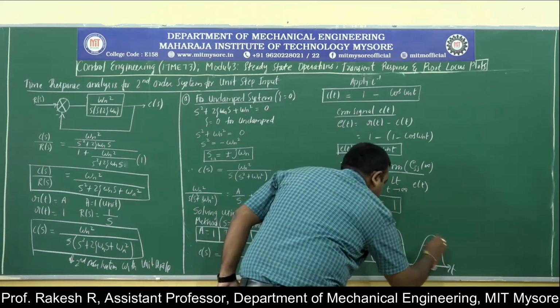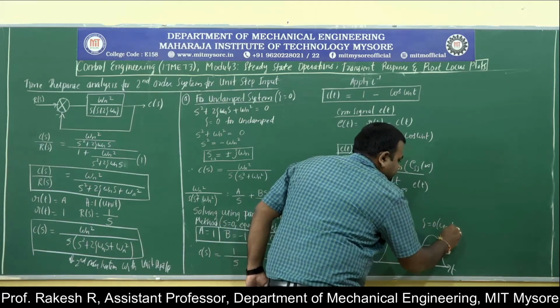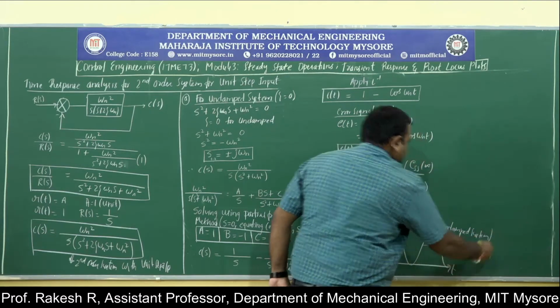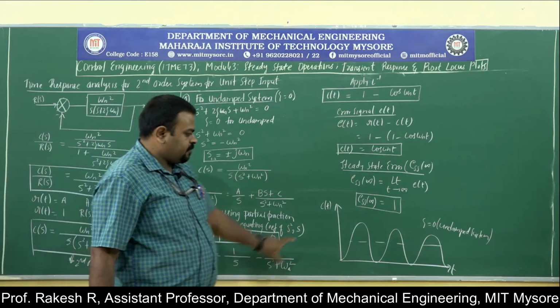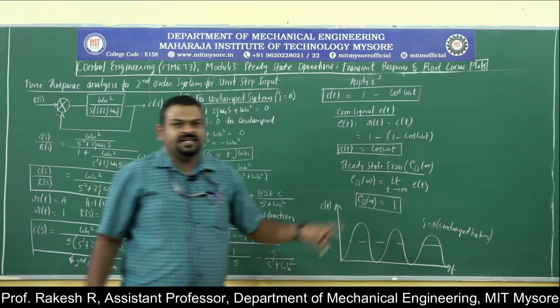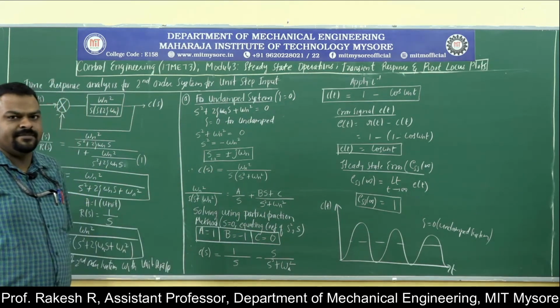This is the graph for zeta equal to 0, which is the undamped system. Here there will be no vibration, only positive value will be there, and this is the steady state response you will get from this undamped system.